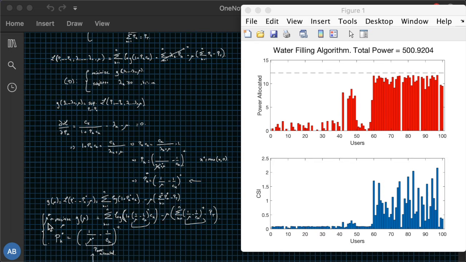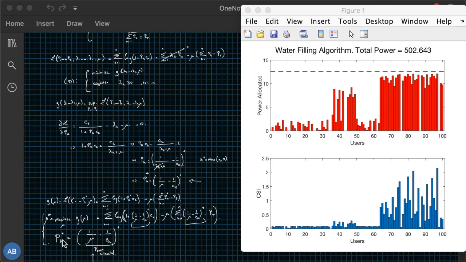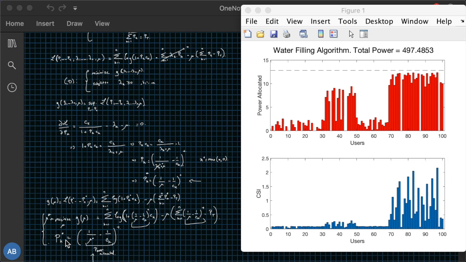That is, we computed the Lagrangian multiplier that enables us to compute in closed form the powers for each user. We also showed how to implement this on MATLAB and gave some interesting examples. This is it for this one.